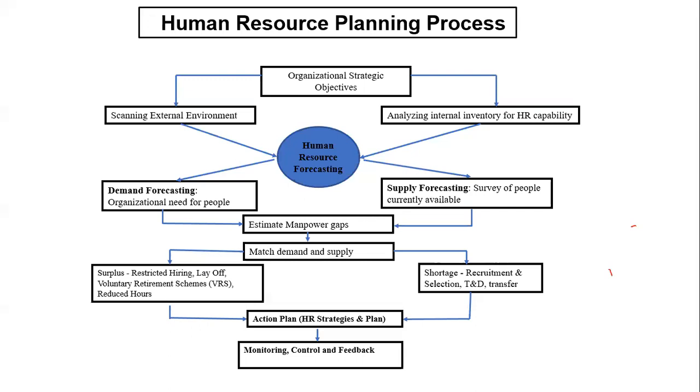Unlike demand forecasting, which helps to project the need for human resources in an organization, supply forecasting helps the HR planner to project the availability of human resources in an organization. Please, is the distinction clear? One is looking at the need for, and the other is looking at the availability of.